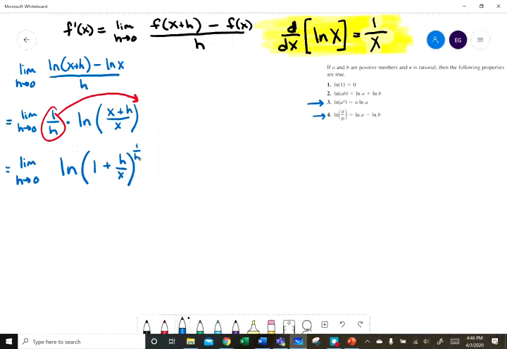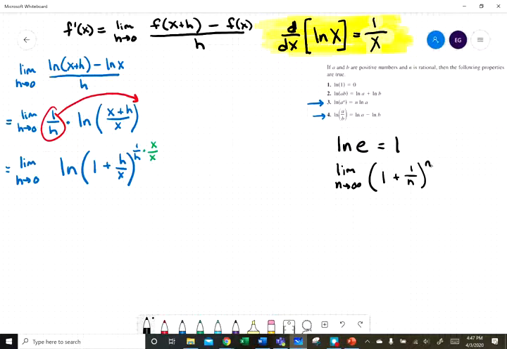Now I'm going to do a slight algebraic trick here, and let's multiply the 1 over h by x over x. The motivation here is I'm thinking about the number e, and the natural log of e is equal to 1, and the limit definition of the number e is the limit as n goes to infinity of 1 plus 1 over n to the power of n.